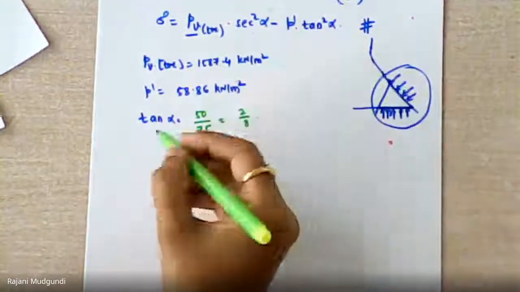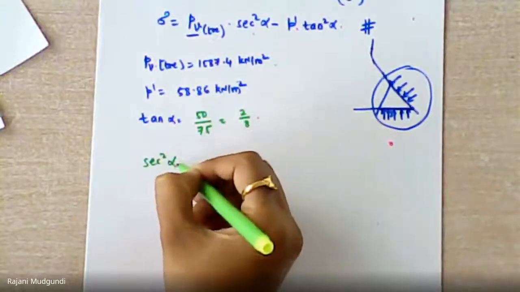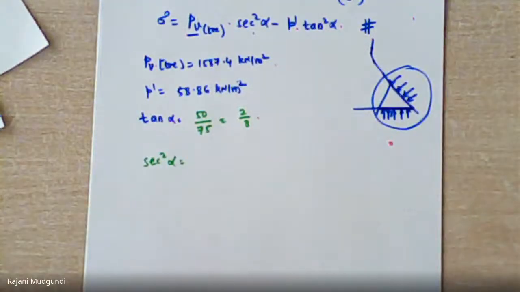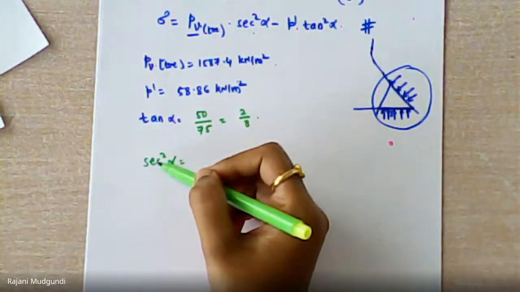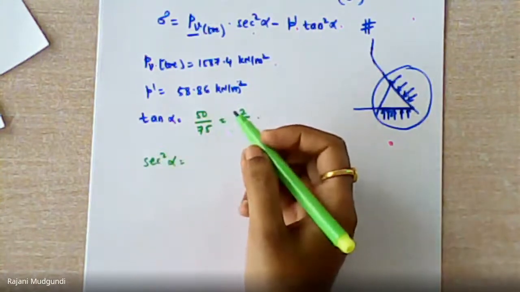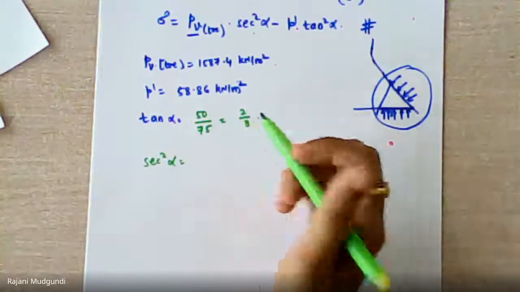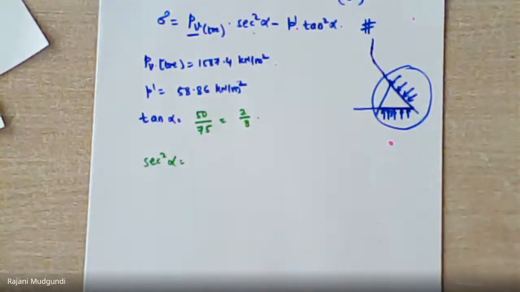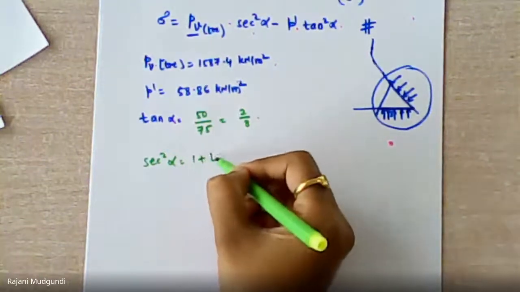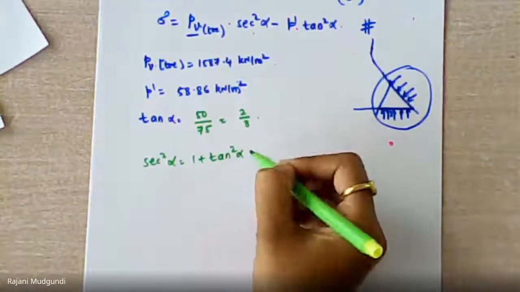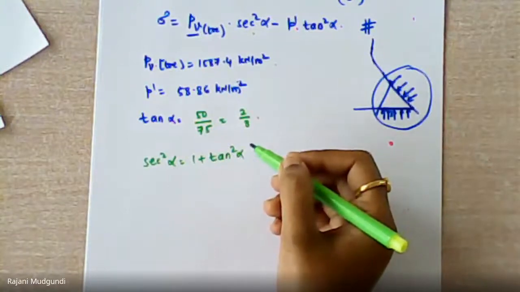Now sec square alpha. Once we have the value of tan alpha, you can easily calculate the value of sec square alpha. Now how to calculate sec square alpha? If you remember the trigonometrical formula, sec square alpha is 1 plus tan square alpha.